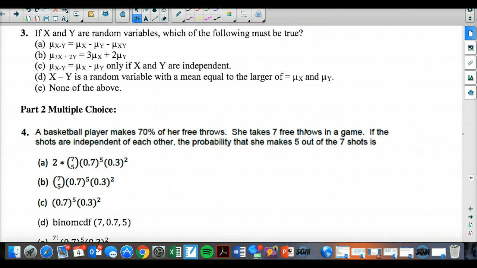C or D? So we like C or D. So which of the following must be true?